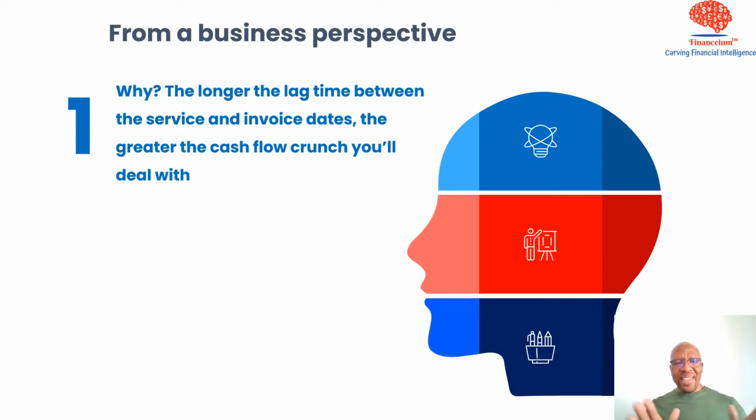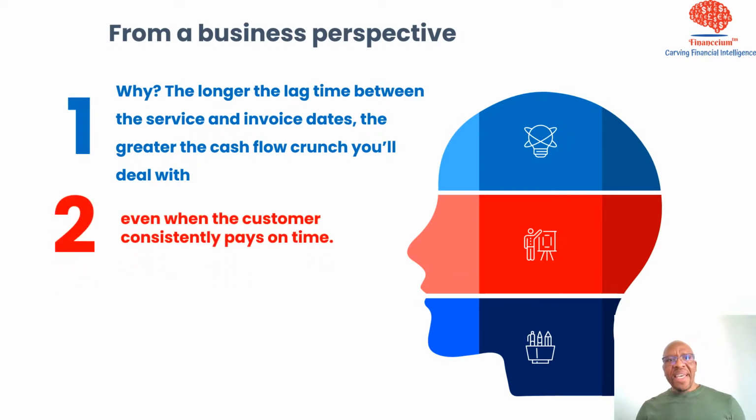So from a business point of view, what are we saying? The longer the lag between conducting the work and sending an invoice, the more negative the impact on when you receive payment, and this can put a strain on your cash flow. This is so even when you have a consistently paying customer, because they cannot pay you until you submit an invoice. So you need to look at when you're invoicing and when you're receiving payment.